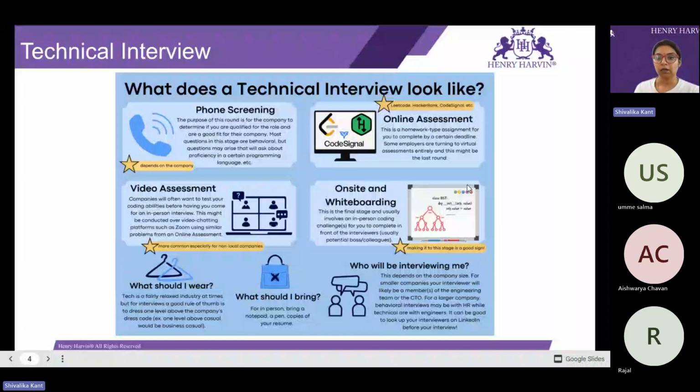The format can be a written or online test, a one-on-one interview, a panel interview, or a practical hands-on task, where sometimes candidates are asked to solve a real-world problem, debug a code, design a system, or analyze a particular case study. This is what your technical interview looks like.